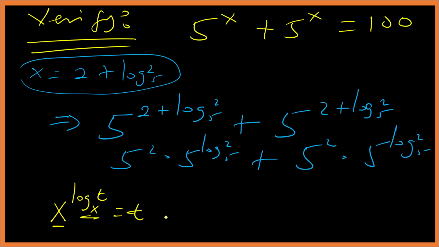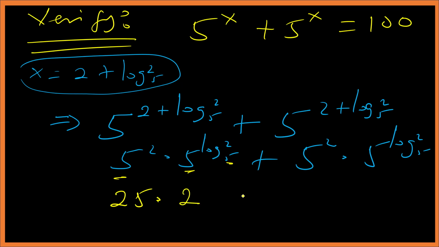So from here, this side will be 5 squared, 25, times 2, plus 5 squared, 25, times 2.